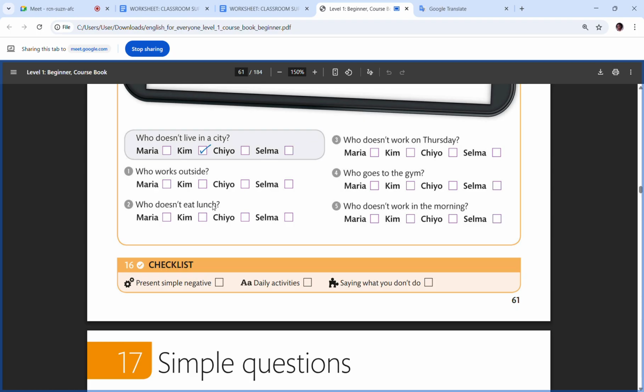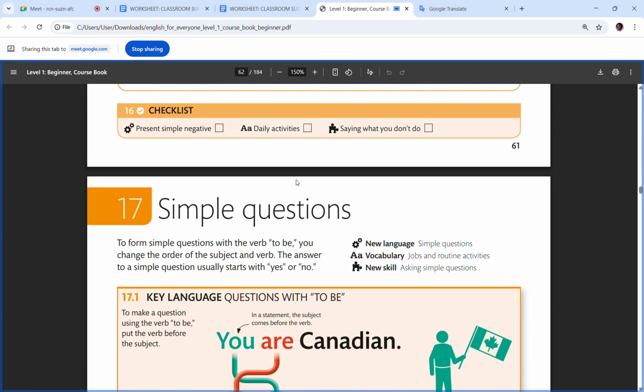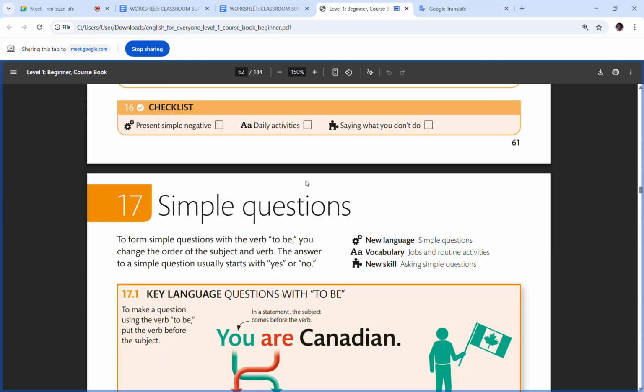And also we used question words like who, and we use them with the names of the people here. All right, so is it easy or is it difficult? It's not difficult. Very good. That's what I like to hear.